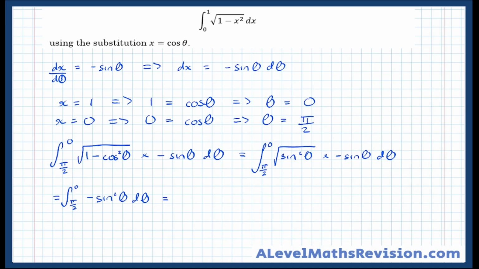If I do the subtraction in the opposite order, that'll give me the negative of that answer. So if I want to, I can swap these limits around, pi over 2 and 0 of sine squared theta d theta. Swapping the top and bottom limits makes the function negative. And there I have it, the integral between pi over 2 and 0 of sine squared theta d theta is what it's been reduced to.